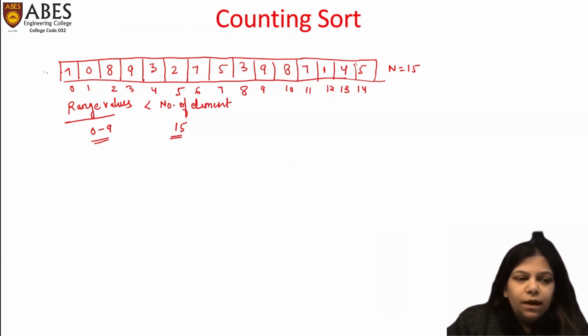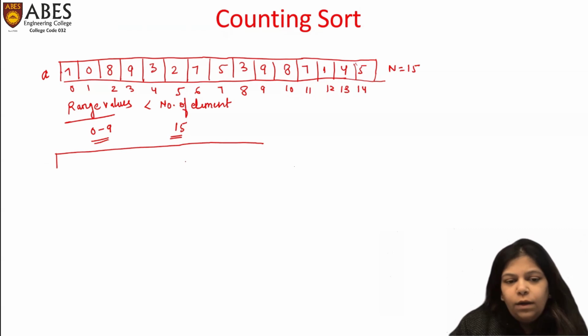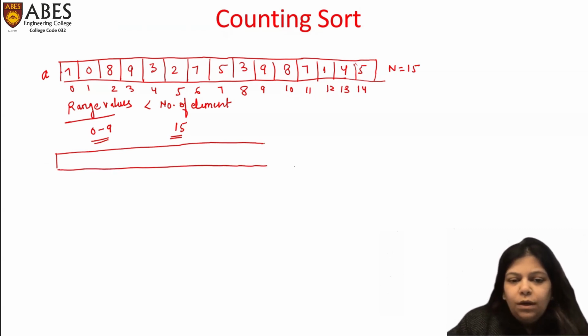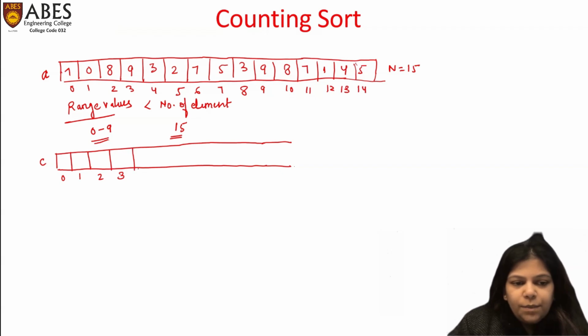Now, suppose this input array is represented by A. The counting sort works by first of all making a counting array which is used to store the frequency of the input values. So suppose this is a counting array represented by C. Suppose the elements are stored inside this counting array on the indices 0 to 9. Let me just quickly draw this counting array.